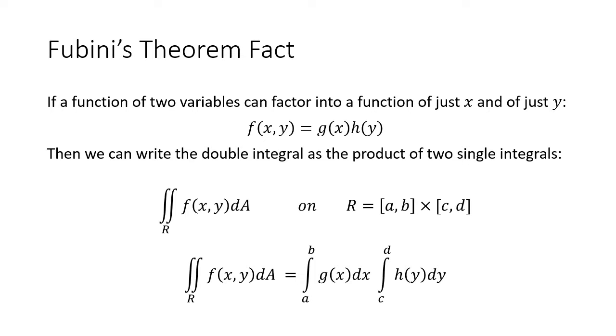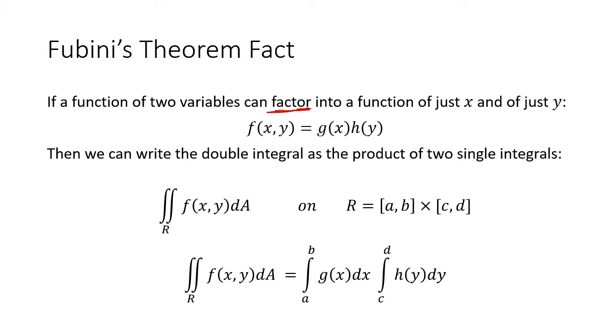Now, I almost hesitate to tell people this fact because students always use it incorrectly, but it is fairly valuable if you know how to use it the right way. If I have a function of two variables and I can factor it into just a function of x and just a function of y, so again, the key here is that I can factor, right? Factor means split it up as multiplication.